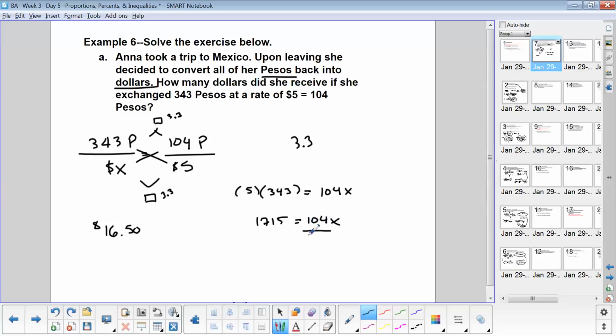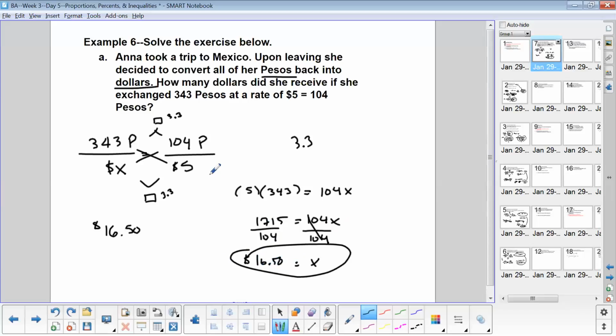And if I divide both sides by 104, I'm going to get x equal approximately 16.50, which would be $16.50.